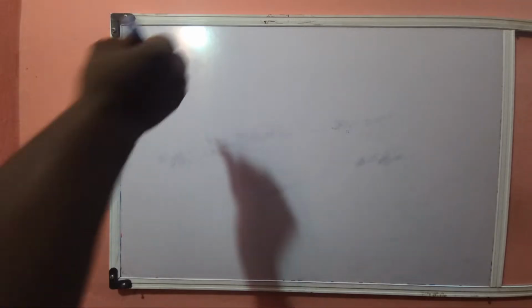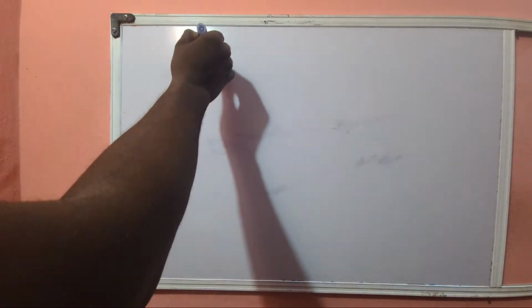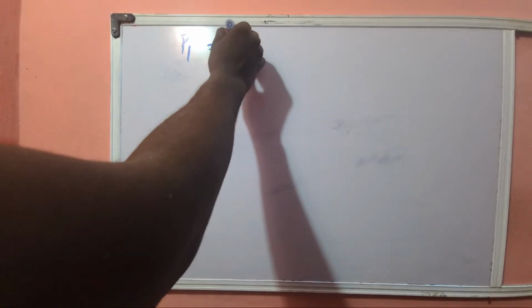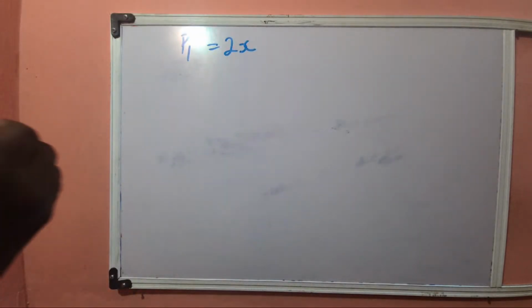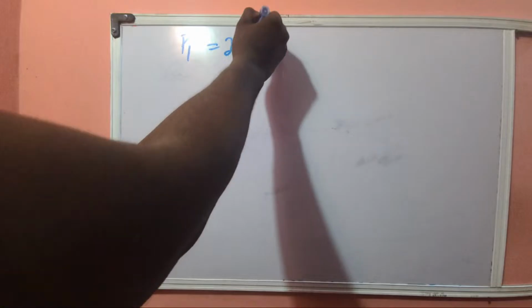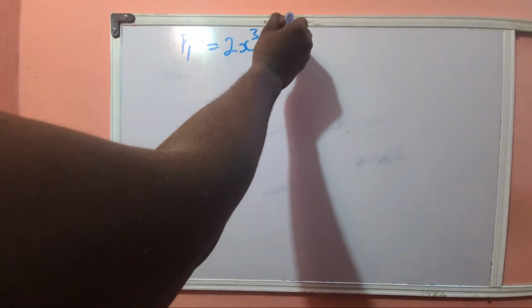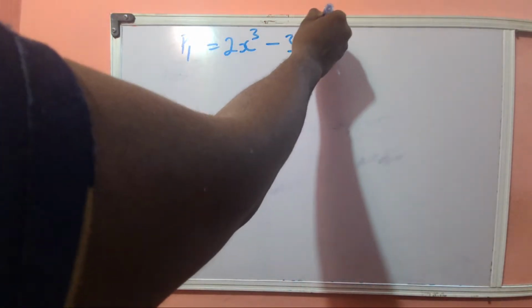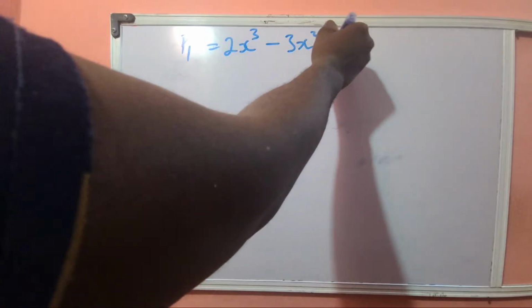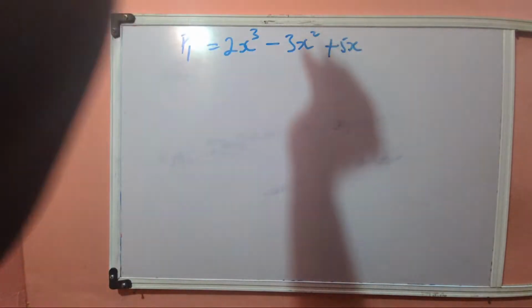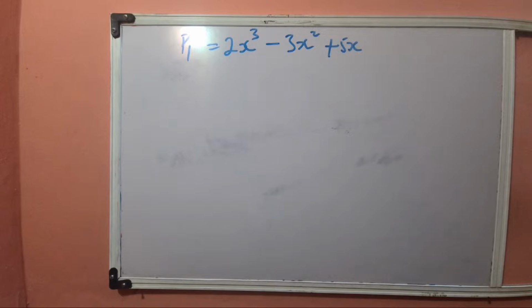So let's look at these two polynomials. We have our polynomial 1 given as 2x cubed minus 3x squared plus 5x minus 7.